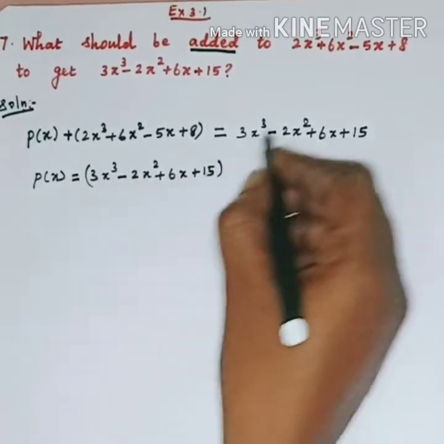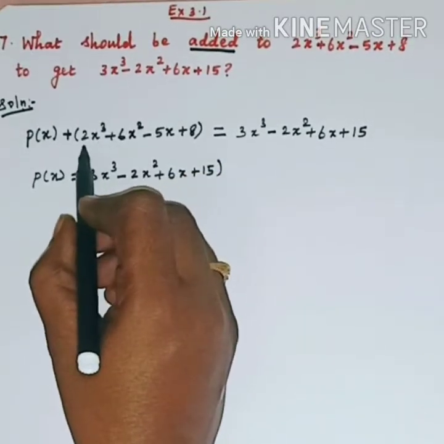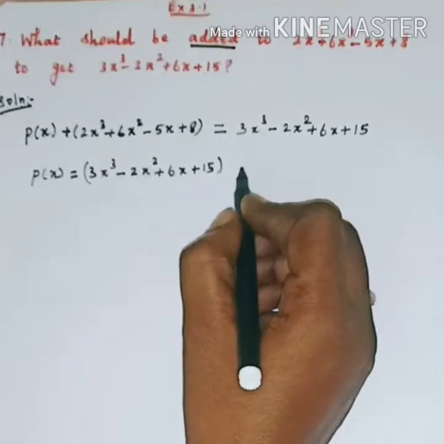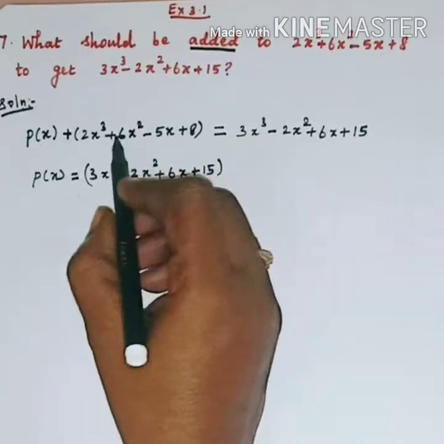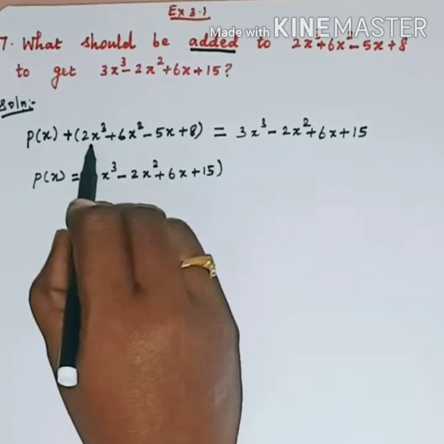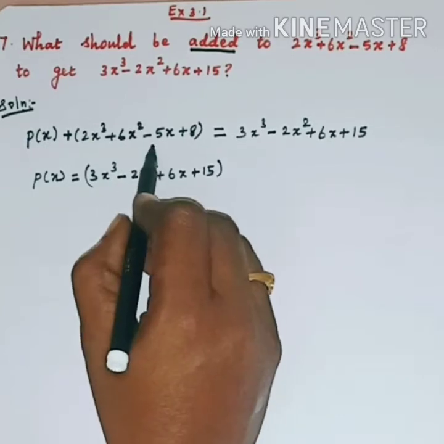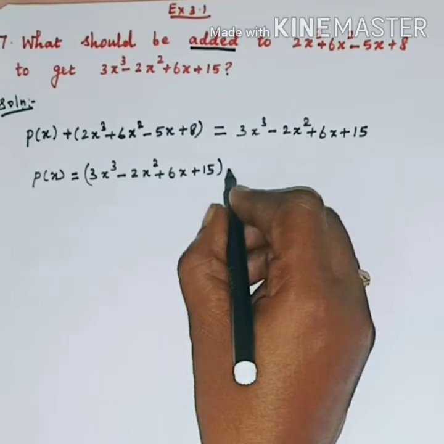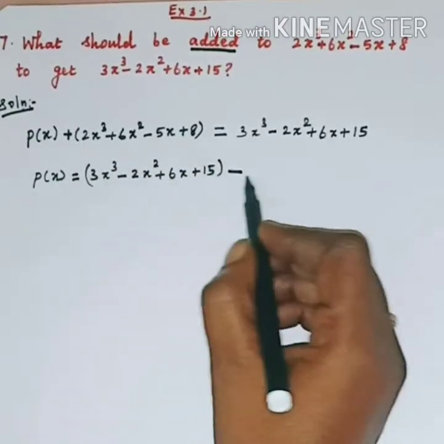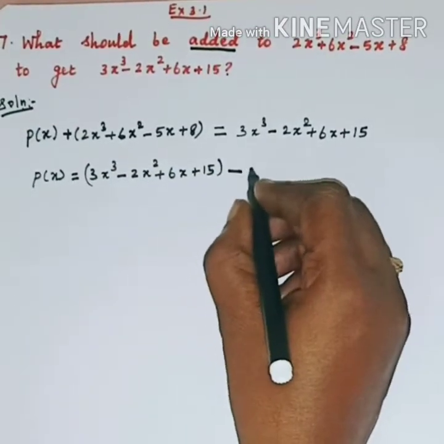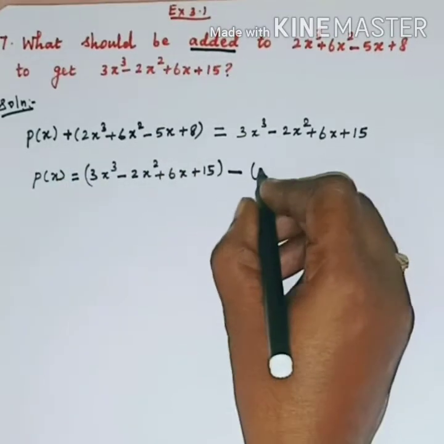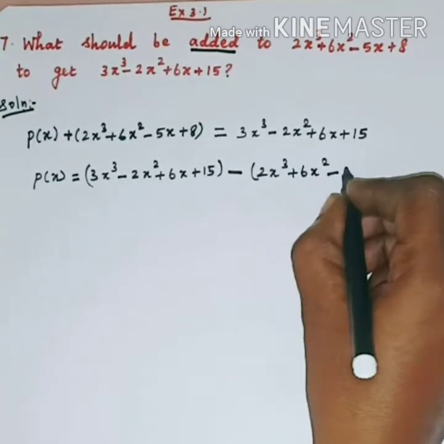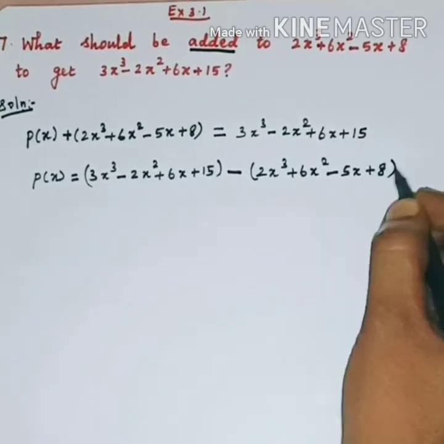When the expression 2x cube plus 6x square minus 5x plus 8 goes to the right hand side, the sign will be changed. So the plus sign will change to a minus sign, and the expression is minus (2x cube plus 6x square minus 5x plus 8).